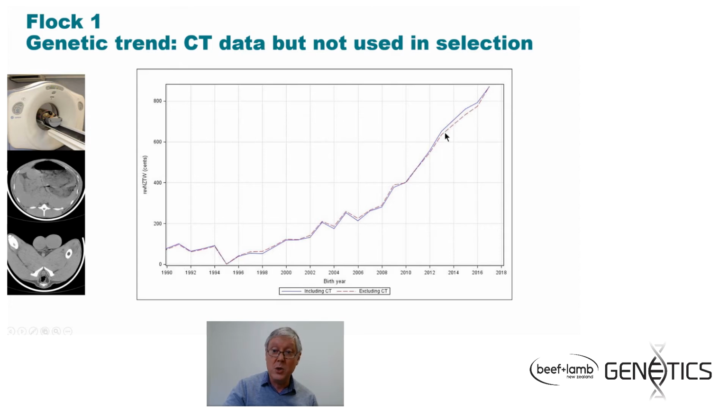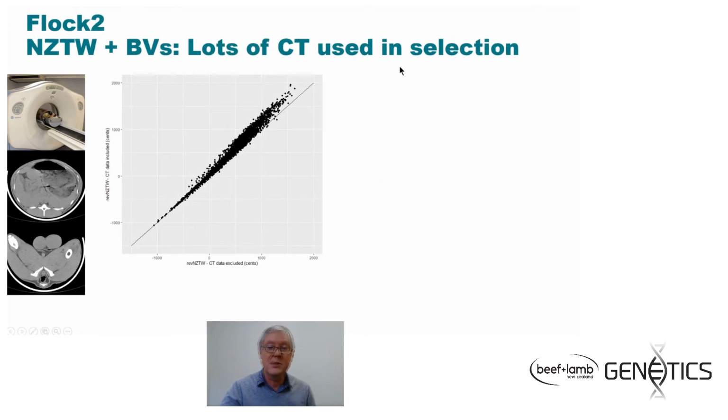So this flock has been doing a good job of improving maternal worth, but CT scanning has not been part of that. There's no benefit that they've gained from the cost of CT scanning those animals. So there we go, no difference in trend between 1990 and 2017. They've just tracked along together to all intents and purposes.